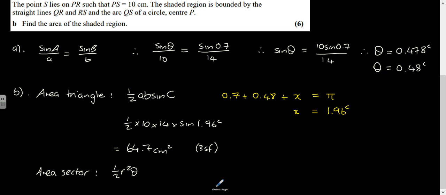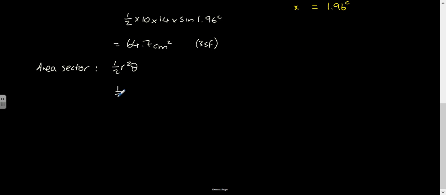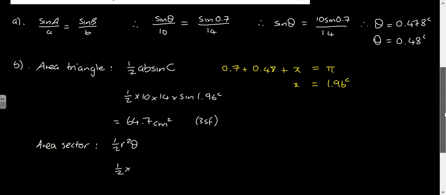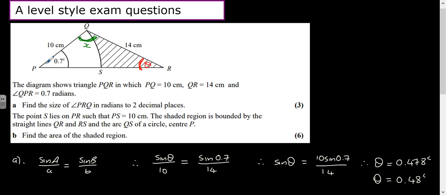So let's put in what we know. That is 1/2 multiplied by the radius. Okay, so we're looking at simply this sector of the circle now. The radius of this sector is this 10 centimeters, because it's part of a circle. P would be the center of that circle. This would be the radius, and PS, which we're also told is 10, is also the radius of this circle, but we're only dealing with the section.